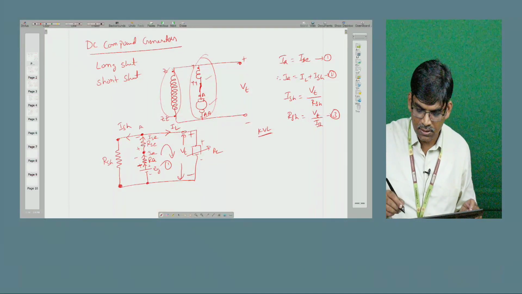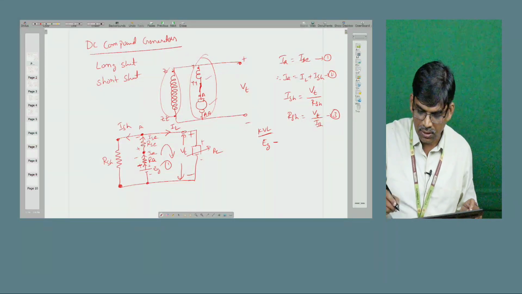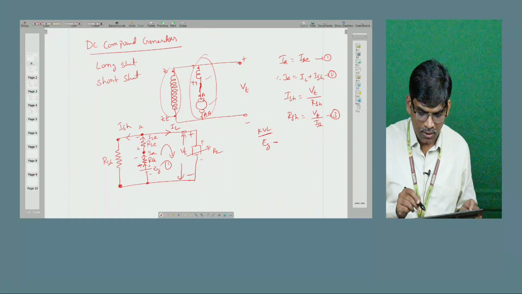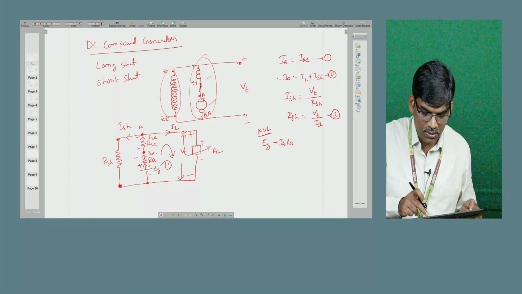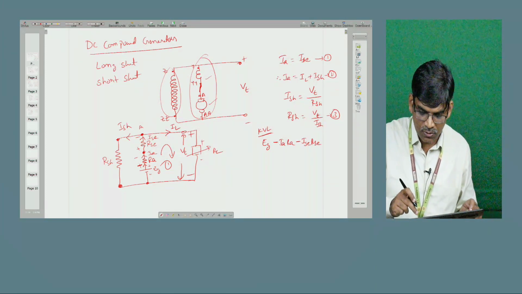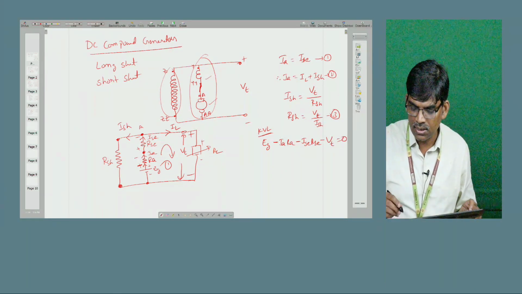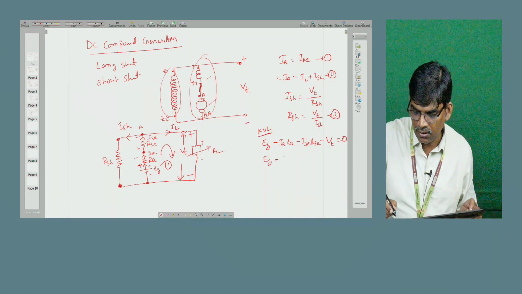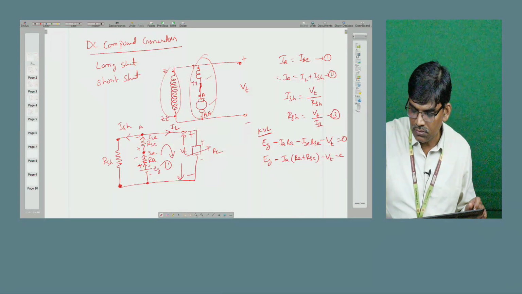Going from minus to plus, plus EG; going from plus to minus, minus, with resistance RA. The current passing through RA is IA, so minus IA RA. Another resistance, also plus to minus, so minus: the current passing is ISC and the resistance is RSC. Then plus to minus, minus the terminal voltage, equal to 0. Here IA is equal to ISC already, so we can write EG minus IA into RA plus RSC minus VT equal to 0.